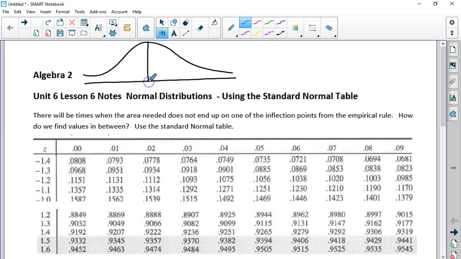The normal distribution looks like this. We have our breakdowns like so. We have 34% here, 34% here, 0.15, 2.35, 13.5.